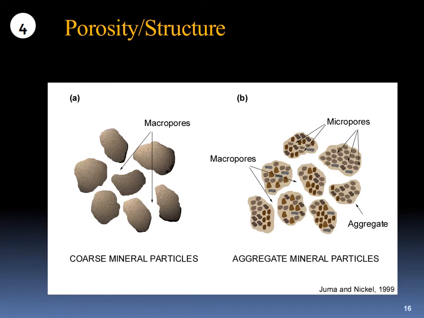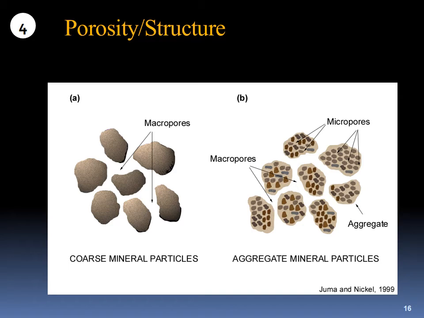To show you another example that links porosity and structure, the microporosity and the macroporosity, look again here. If you have coarse mineral particles and an aggregate, you would find that the sand particles are large enough, almost the same size as the clay aggregate.